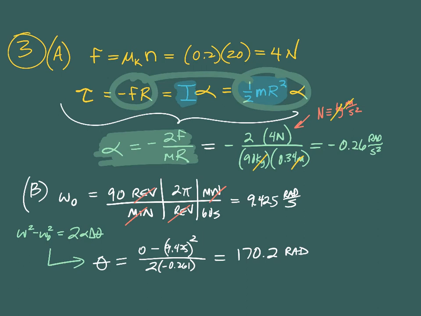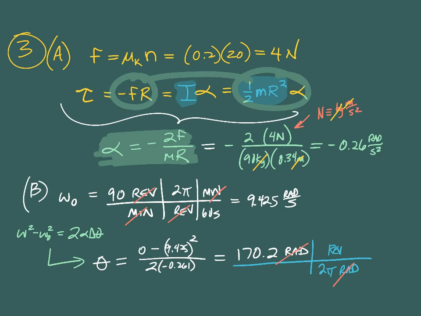Again, I need revs because it wants to know how many turns. In one sense, 170 radians is acceptable. And that's going to be a lot of turns because 6.28 radians is one trip around. 2 pi is only 6.3 radians roughly. So again, same old business. A rev is 2 pi radians.